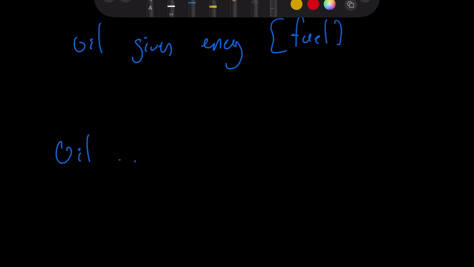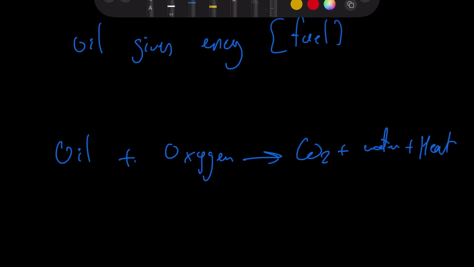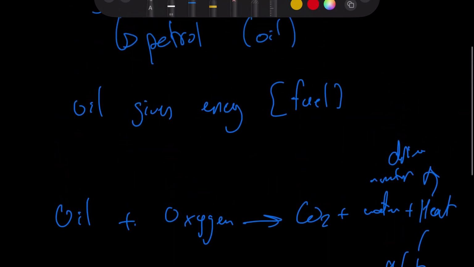So oil plus oxygen will give me carbon dioxide plus water, and heat, a lot of heat. We use this heat energy to drive a motor. So this is basically the oil industry in a nutshell.